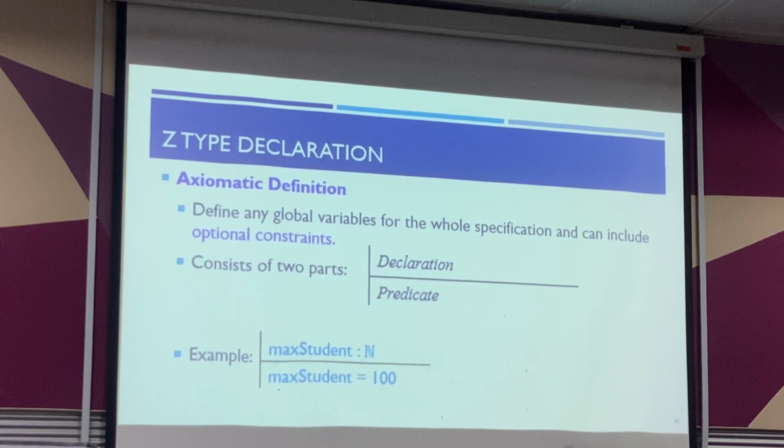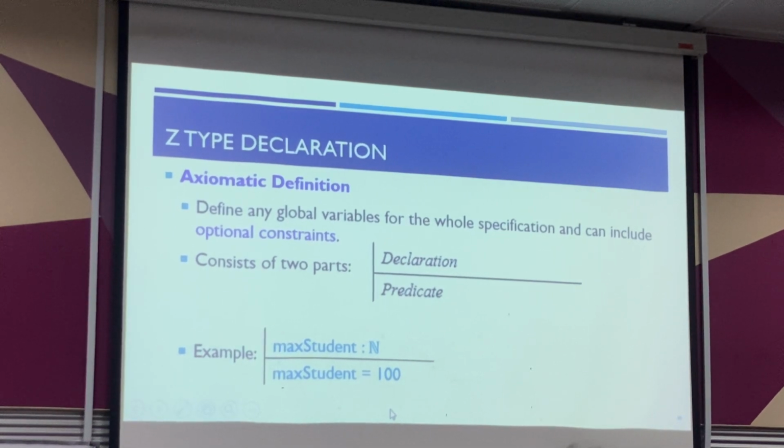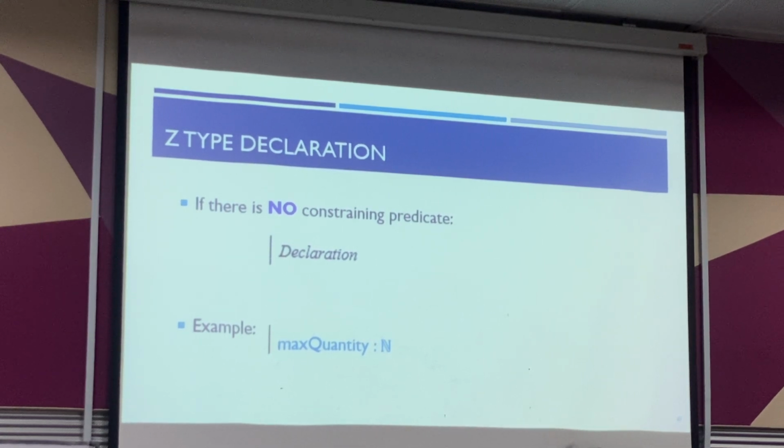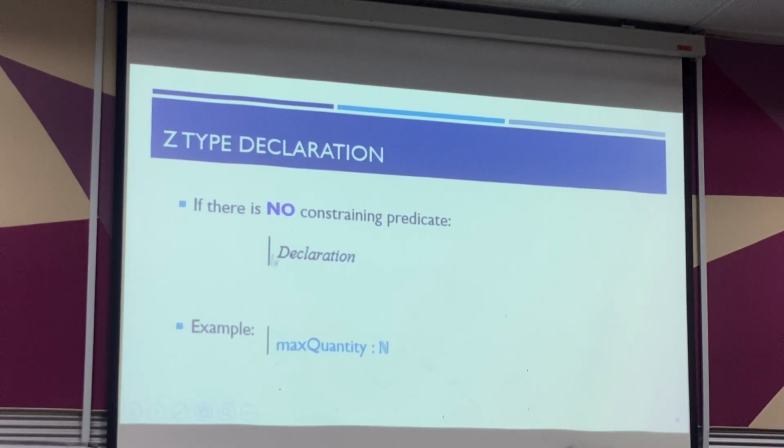So you don't want this value, because if you put 100, every decay will have 100, but you may have different total sizes. So you can also have an axiomatic definition where you have only the declaration. You don't have the below part. This is what we call without constraint.